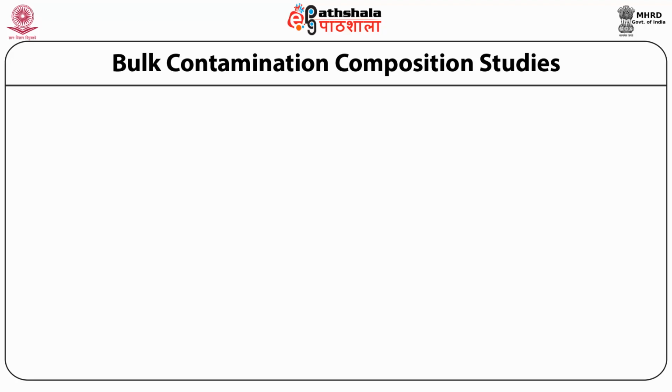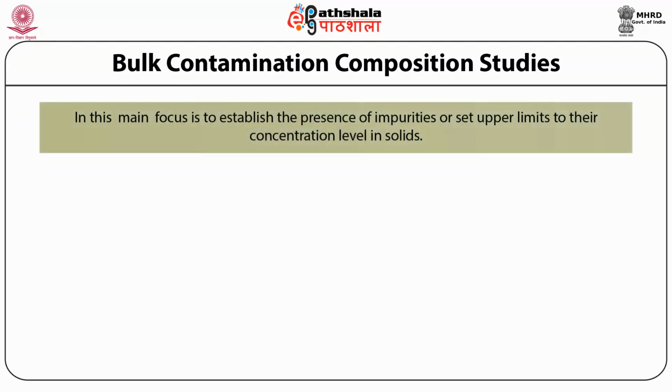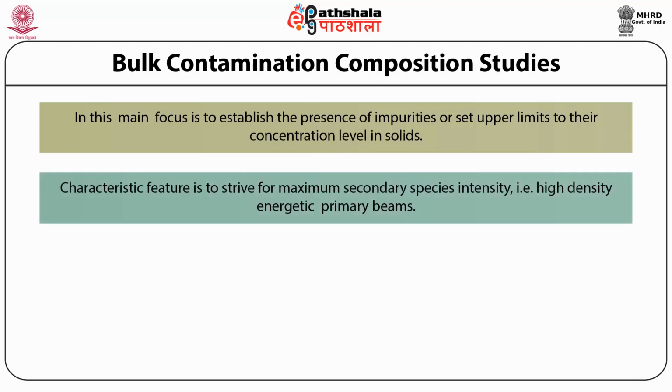Bulk contamination composition studies: the main focus is to establish the presence of impurities or set upper limits to their concentration level in solids. The characteristic feature is to strive for maximum secondary species intensity, that is, high density energetic primary beams.